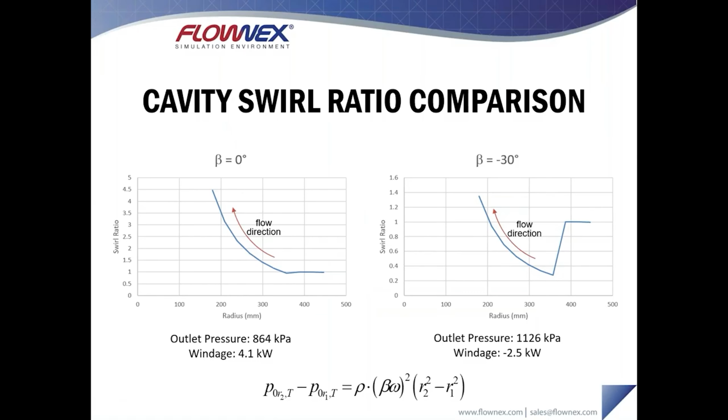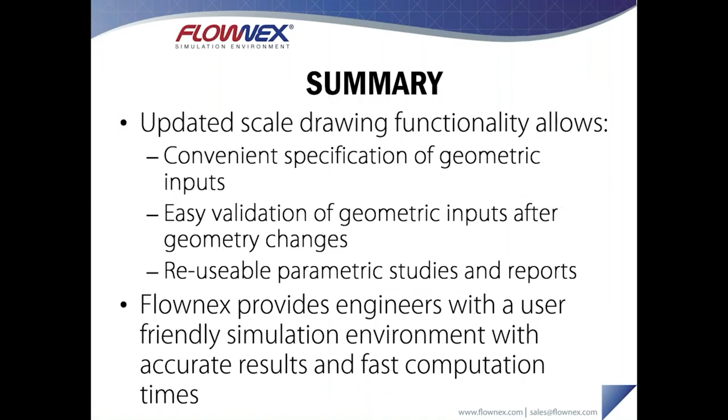Okay, so basically to summarize the contents of the presentation, this updated scale drawing functionality, these enhancements to the scale drawings, now provide engineers with a convenient specification of geometric inputs. This is particularly relevant in secondary flow modeling, where a lot of geometry is required for these systems, but can also be used in any other Flownex model.